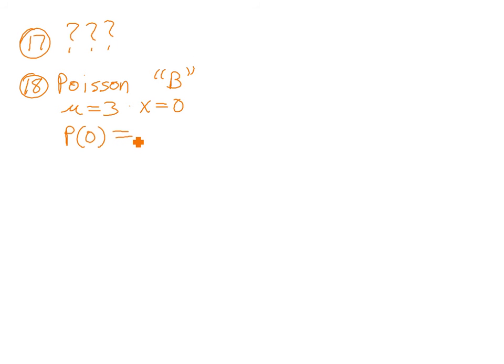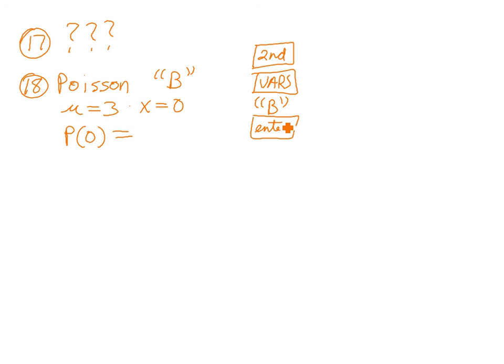Remember, this is one you just about have to stick in the calculator. So on the calculator, you hit second, hit bars, go to B, hit enter. Once you hit enter, it pops up on the screen, and then you have to put in your mu.